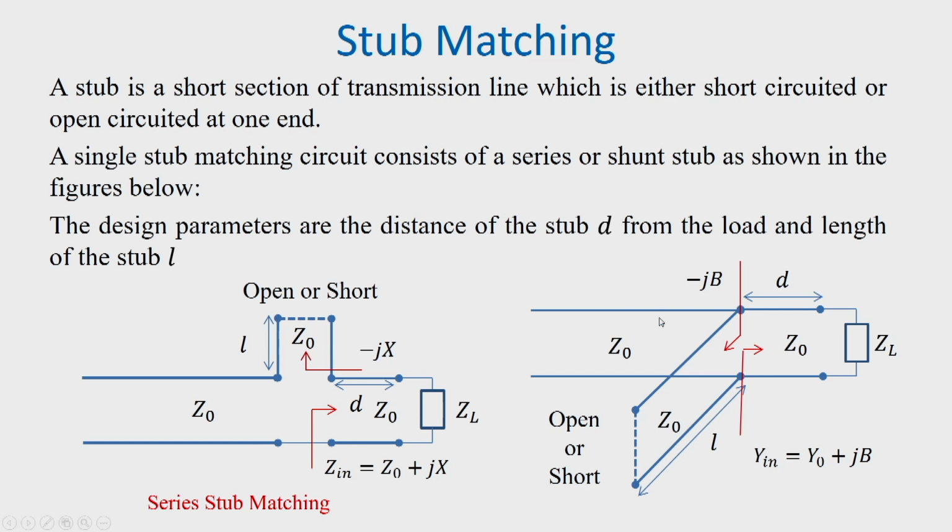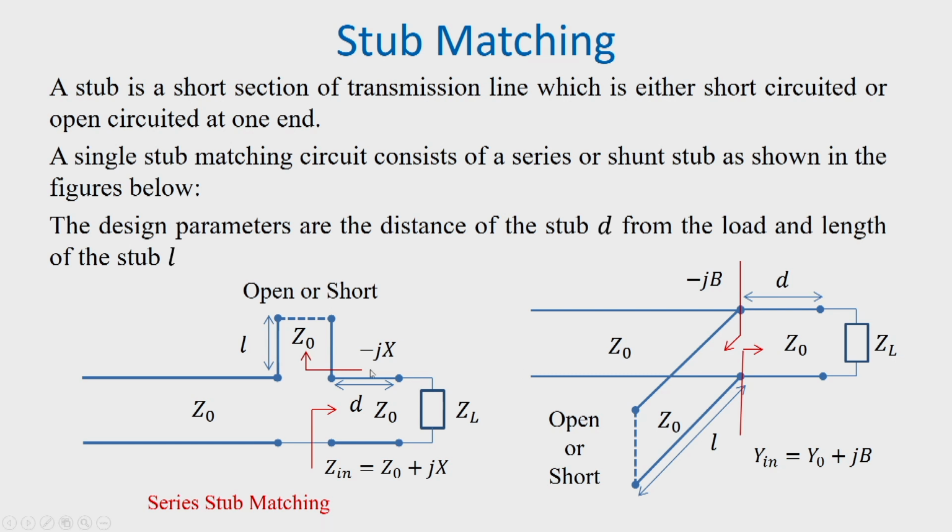In another design, we can find out the input admittance in such a way that Yin becomes equal to Y0 plus jB, and then add a shunt stub, open or short circuit, to cancel out this remaining jB, and therefore match this to the line of characteristic impedance Z0.